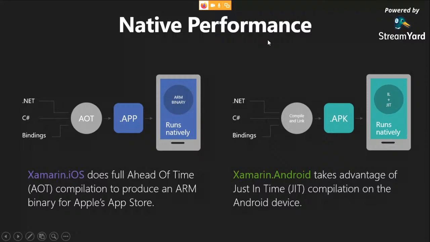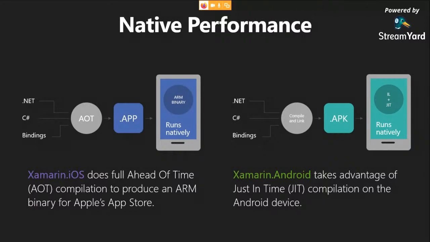So another advantage that Xamarin carries is performance. For any cross-platform application, typically we tend to think of it as a cross-compiled application. But what Xamarin does instead is it does not cross-compile. It has its own compiler and optimizer. So how is performance obtained on par with native in Xamarin Forms?